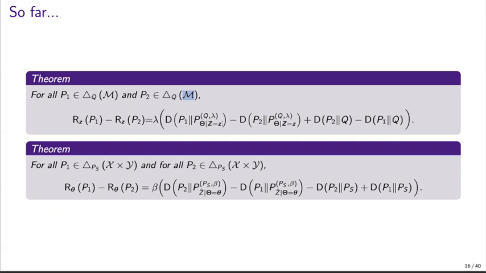The n, the number of points that I have in the training set, is here, because this depends on Z, which is the training data set. So my training data set is determining this Gibbs probability distribution.